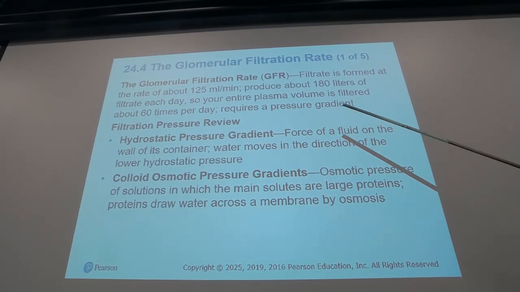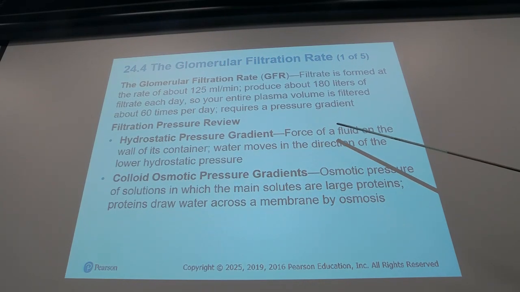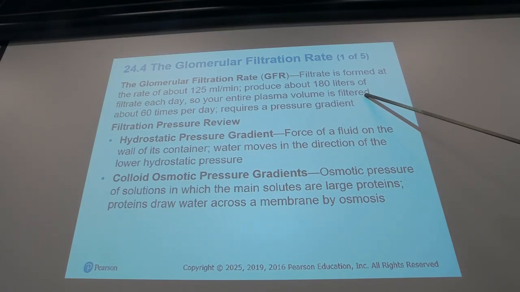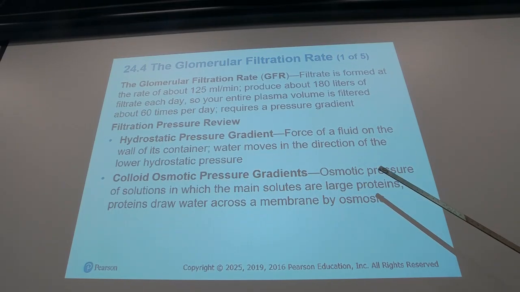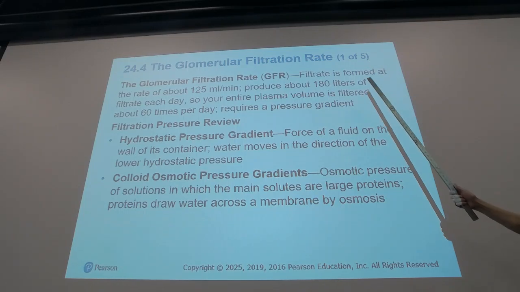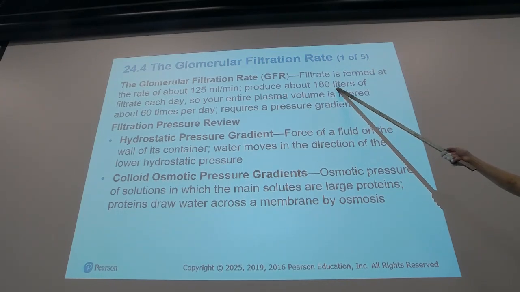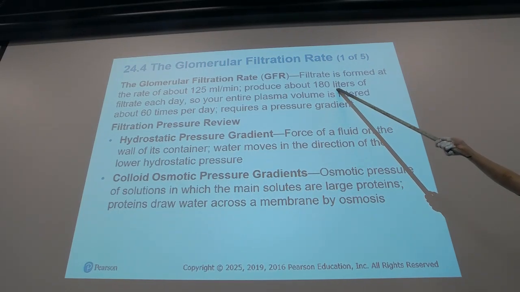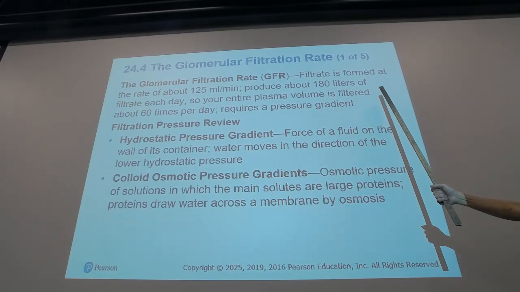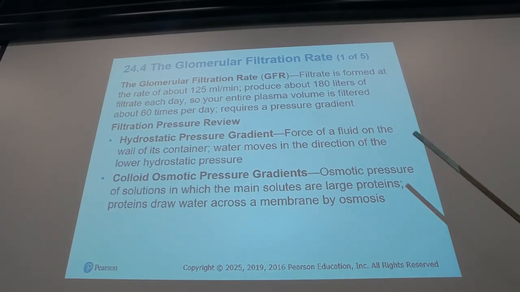If you multiply that times the number of minutes per day, that leads you to around 180 liters of filtrate per day. Then, of course, we don't urinate 180 liters, right? Because we absorb most of the filtrate.